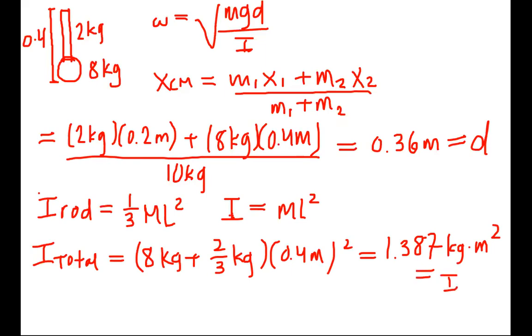So we have I, we have d, we know what mass is, and we know what gravity is, so we can now solve for omega. I'm just going to clear this to give more space, and I'll rewrite the values.